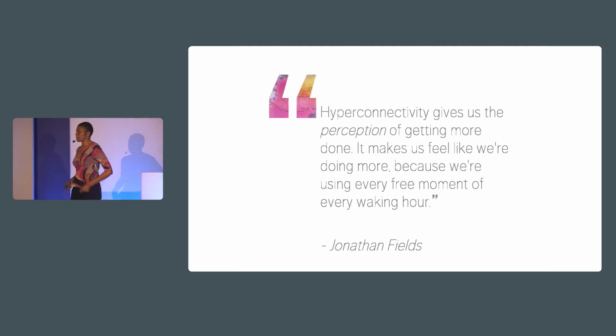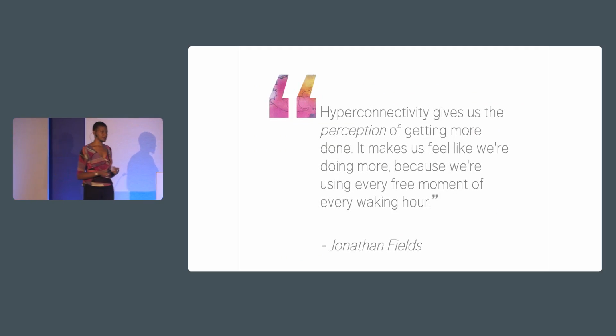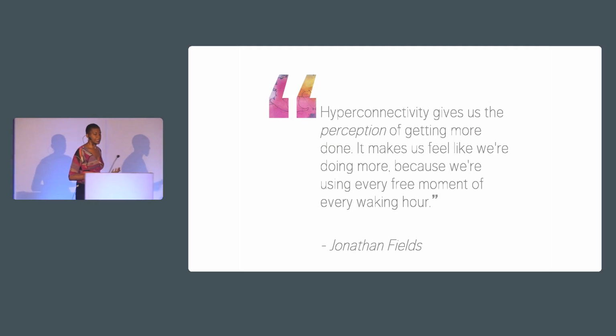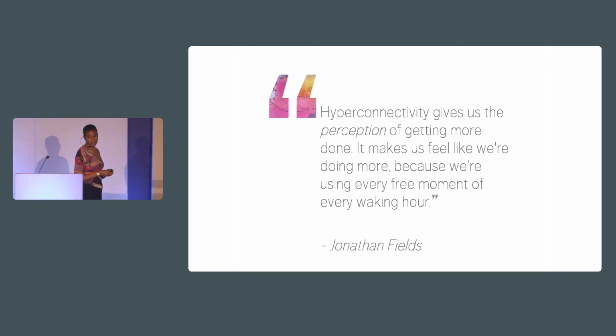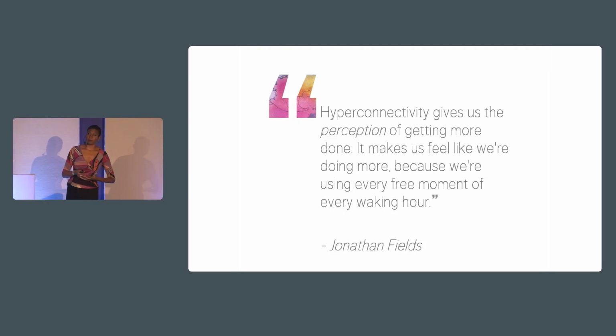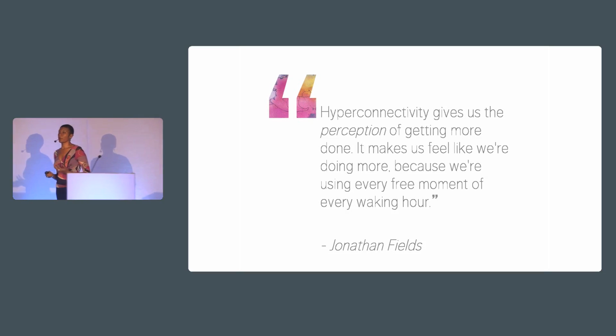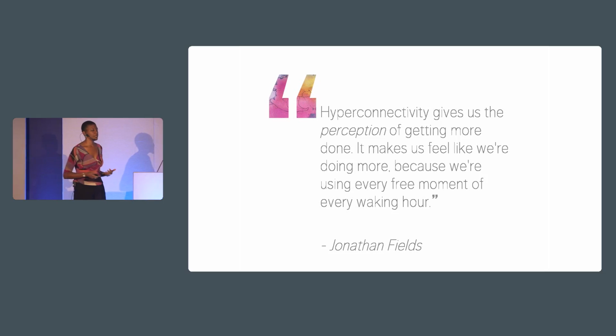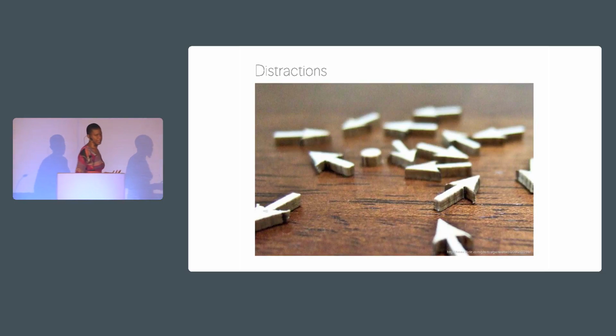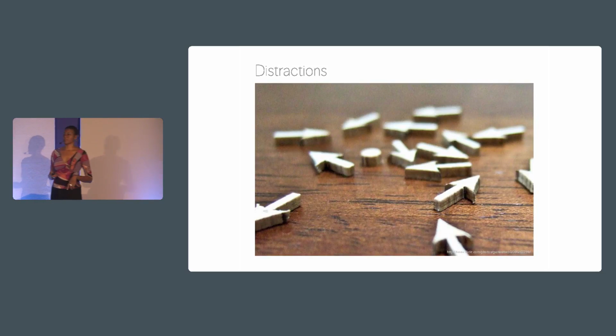Jonathan Fields, who wrote a book called Uncertainty, talks about hyperconnectivity, and he says that it gives us the perception of getting more done, that we're doing more because we're using every free moment of every waking hour. But the question is, is it the most effective? These distractions actually start to affect the way our brains work.